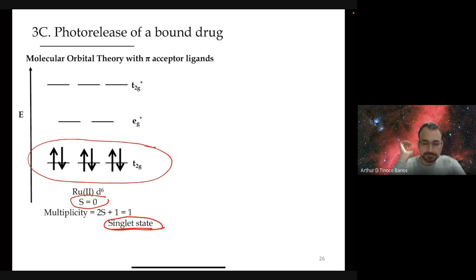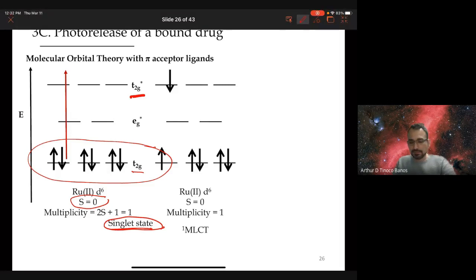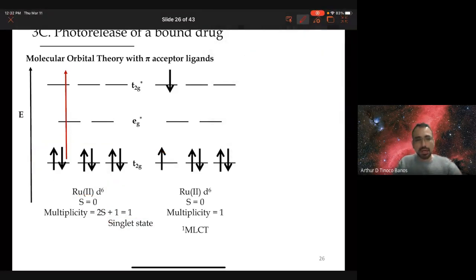That's a singlet state. Well, if you have an excitation of one of those electrons from t2g into the t2g star orbitals, the antibonding orbitals, so let's imagine this excitation here, where you have an electron now present in t2g spin down. If you were to calculate the spin and the multiplicity, you get a multiplicity of 1.